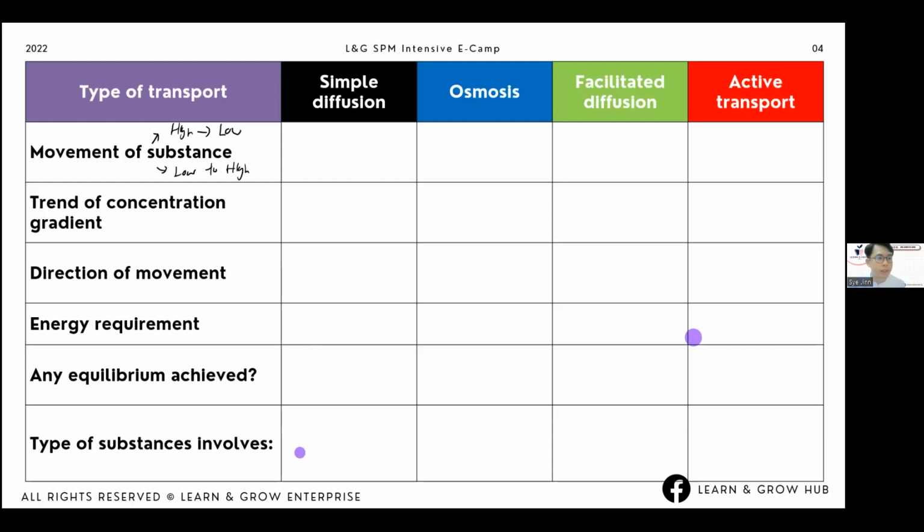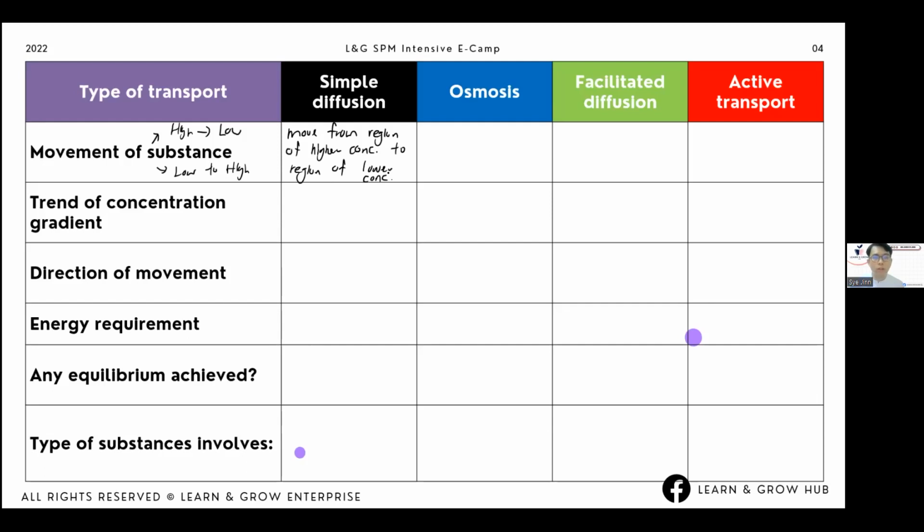So for simple diffusion, osmosis, and facilitated diffusion, it will move from region of higher concentration to region of lower concentration.